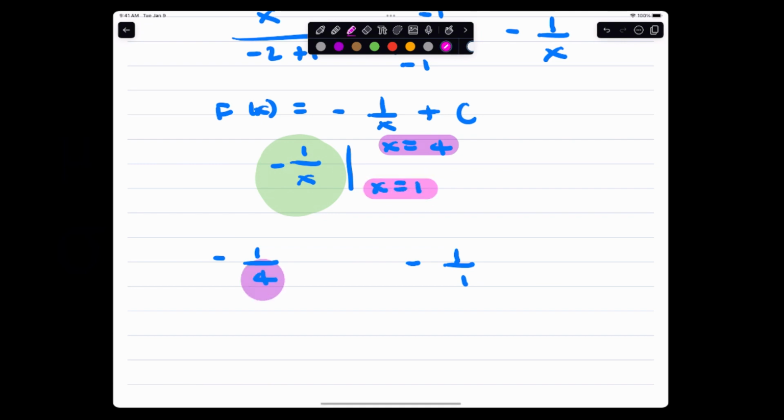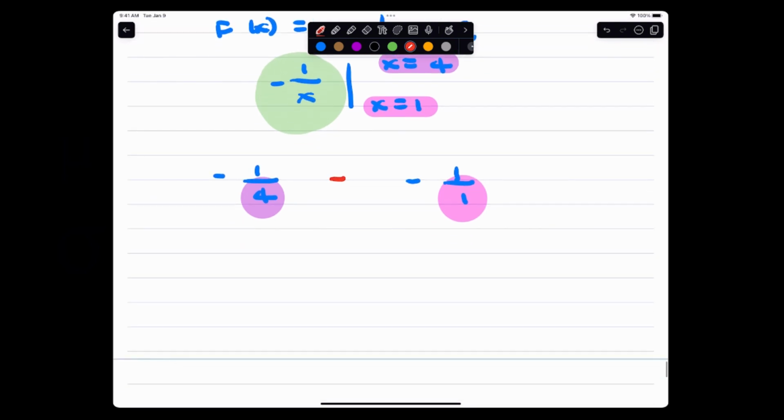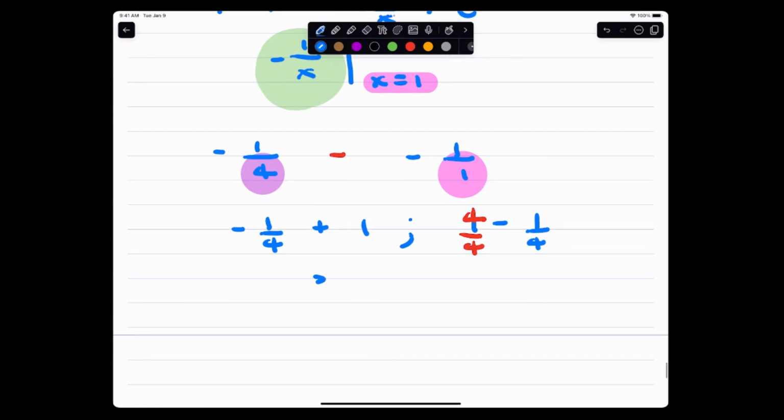Plug in the 1 over here. Make sure there's a what here? A difference. So just be careful with that arithmetic, because that's where people will definitely make a mistake. So this is negative 1/4 plus 1, or 1 minus 1/4. Final answer will be what? 3/4.